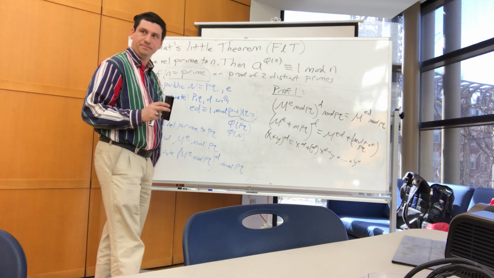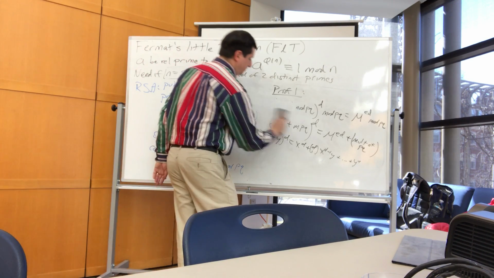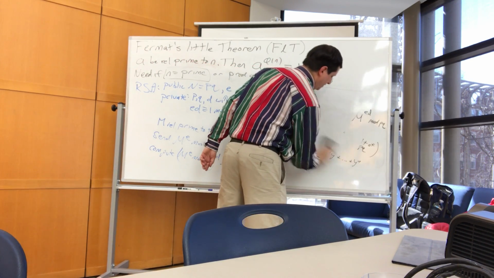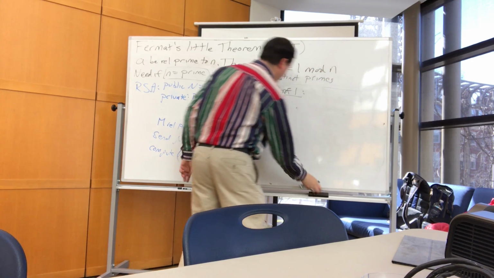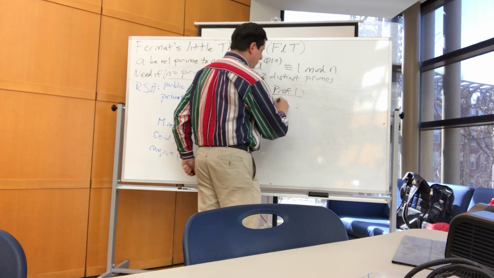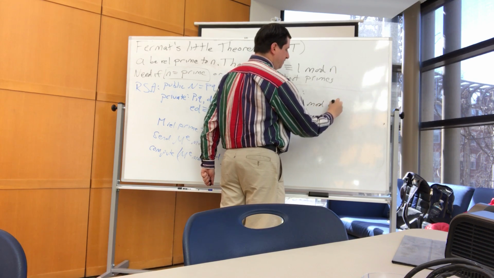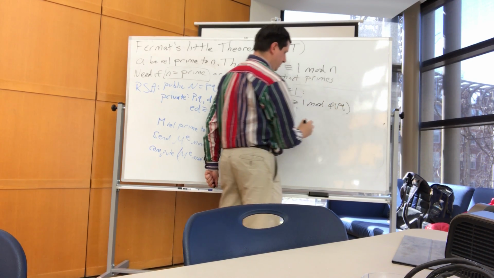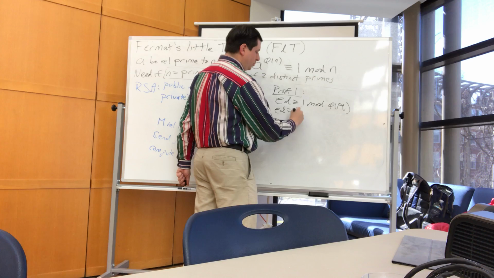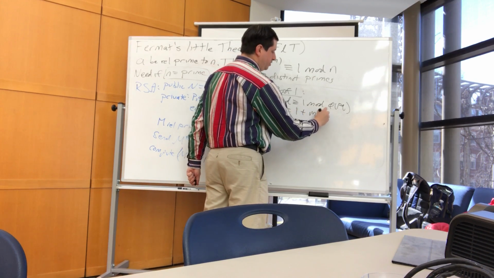Okay. So here we go. Remember, ed is congruent to 1 mod phi of pq. So that means ed equals 1 plus, say, m times phi of pq.